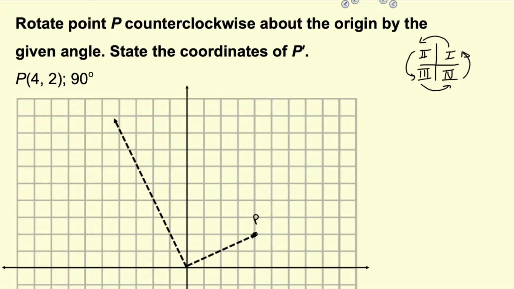I also know previously from the concept of slope that 90 degrees implies perpendicular, and perpendicular means the slope should be an opposite reciprocal.